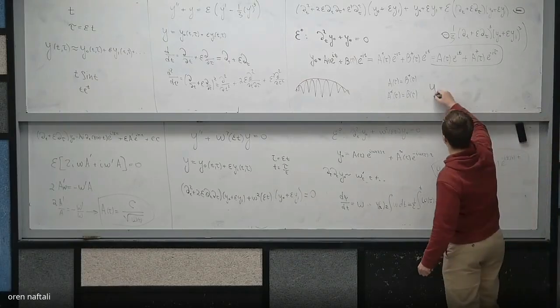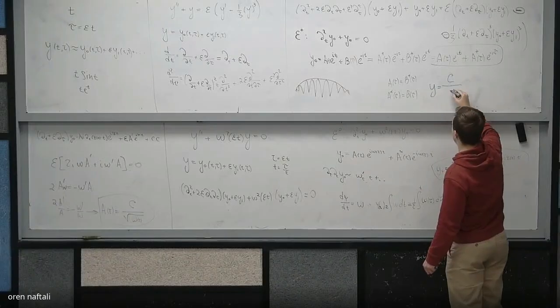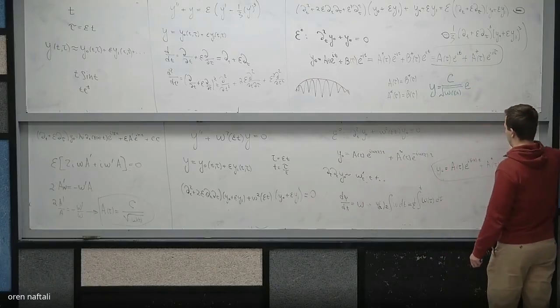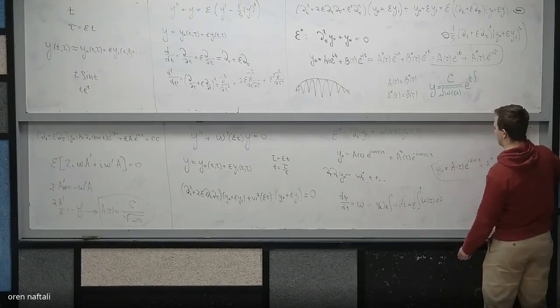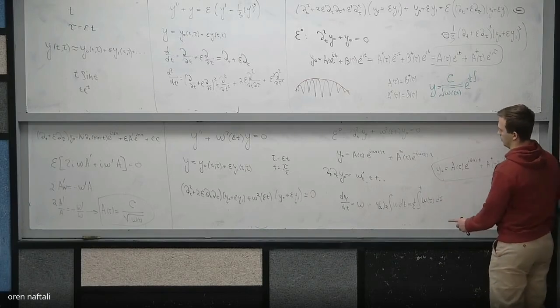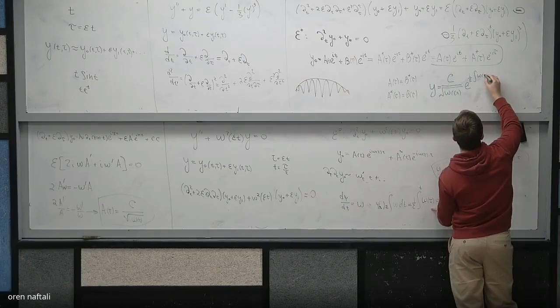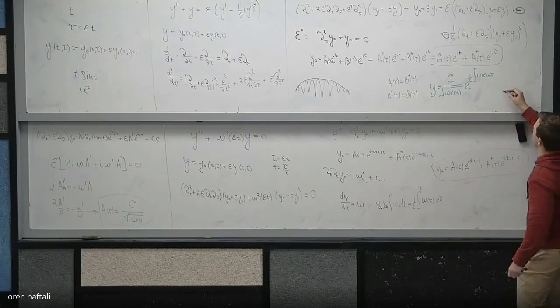So basically, our solution is C over root omega of epsilon t times the exponent, where in the exponent we have i over epsilon times the integral of omega of tau d tau, plus complex conjugate.